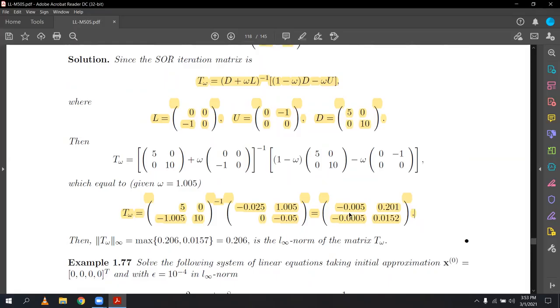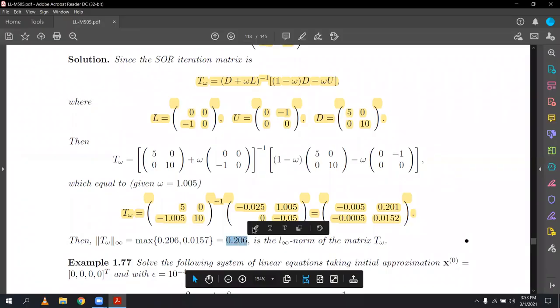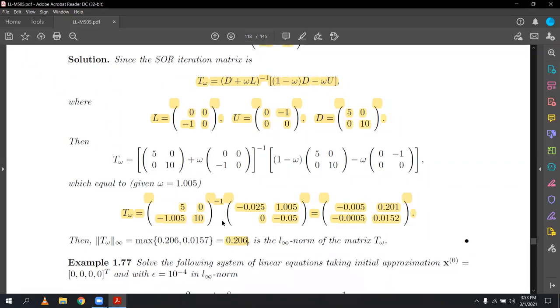If you can see here, the first row is 206. And the second row is 00157. And of course, the maximum value is this. That's the way you have to do it. As I told you, I gave this problem in the exam last time.